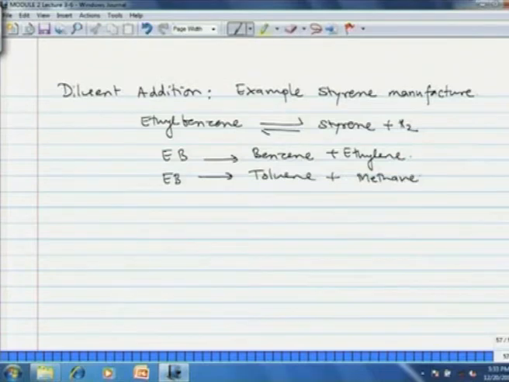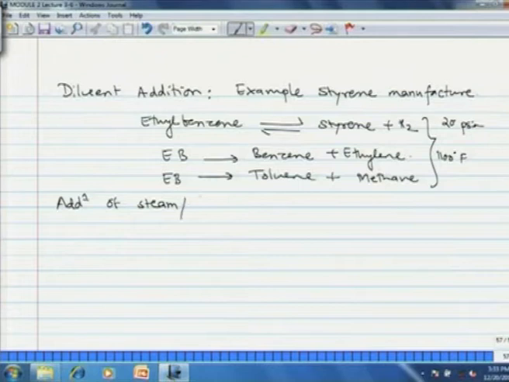Now, all of these reactions occur at more or less the same temperature and pressure, 20 psi absolute pressure, which is close to atmospheric, and 1100 degrees Fahrenheit temperature. In this case, steam is added, either steam or methane, at the reactor inlet to ethyl benzene.